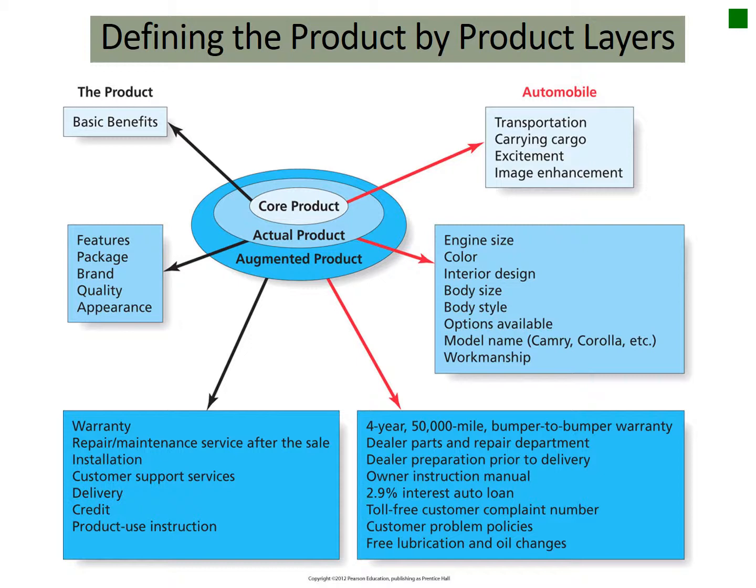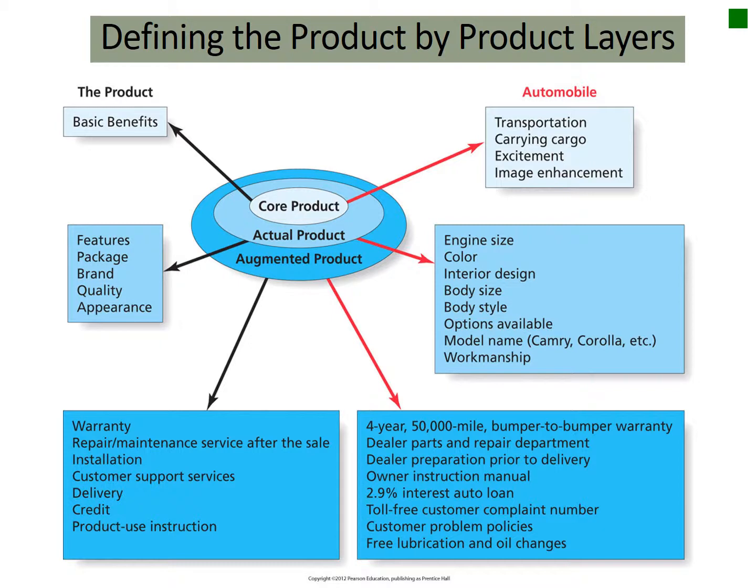So these are often services that might be attached to a tangible type of a good. Here listed again in our example of the automobile would be things like warranties, repair work, after purchase services, financing, credit, user manuals, helplines, 1-800 phone services, and things like that.